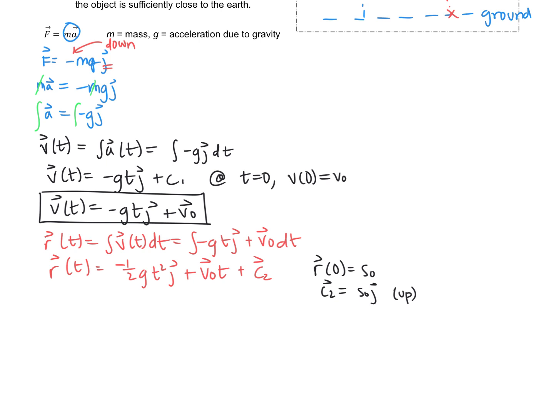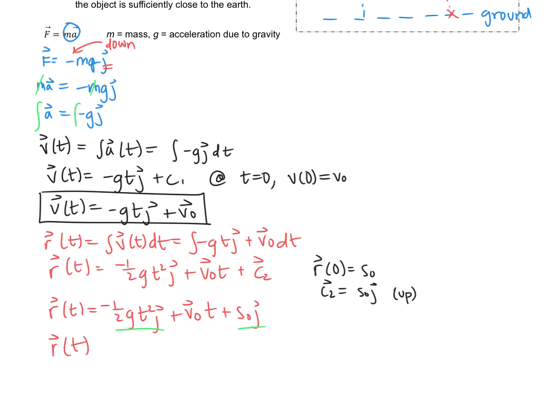So what that gets us then is our position is negative 1/2 gt squared j, add v sub naught t, add s sub naught j. That's often rewritten though, because we have these two j's, oftentimes those will be rewritten together.